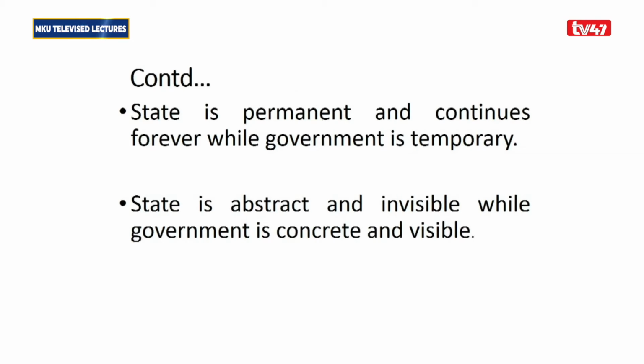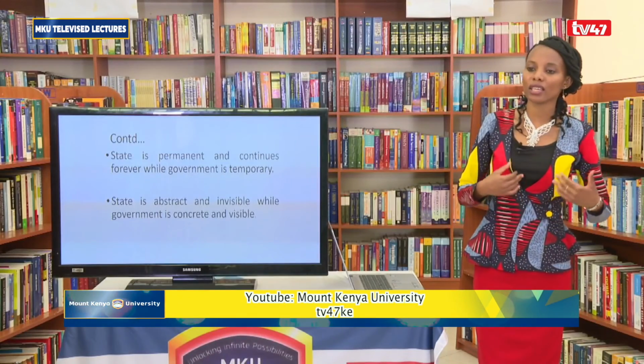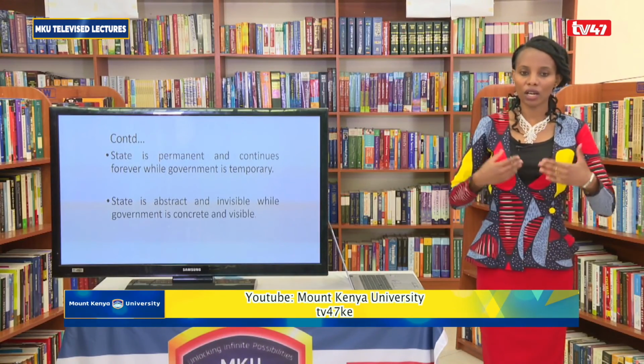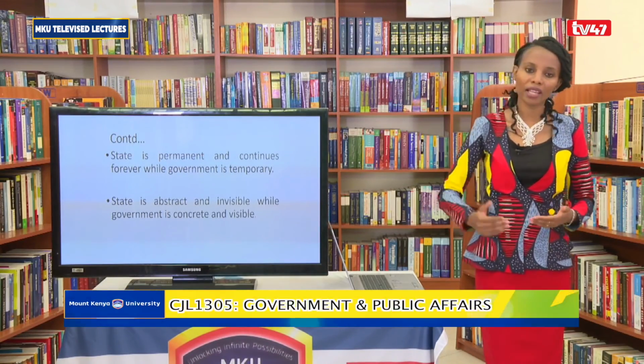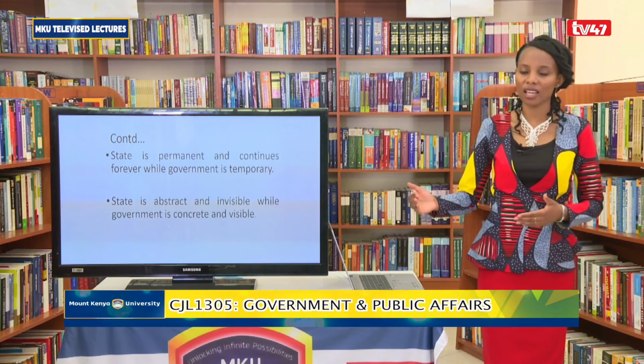The state is something that is abstract and invisible, and government is something that is concrete and visible. That's why we end up saying during the era of President Uhuru, the government had these and these milestones.